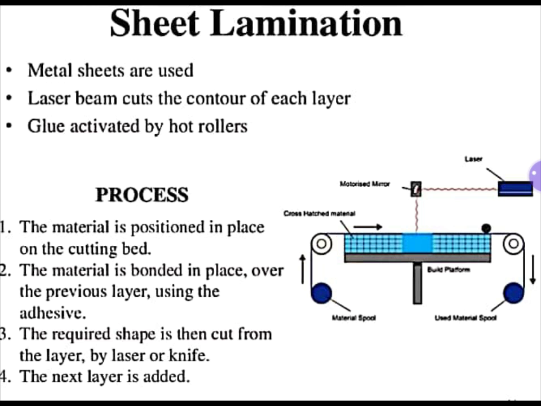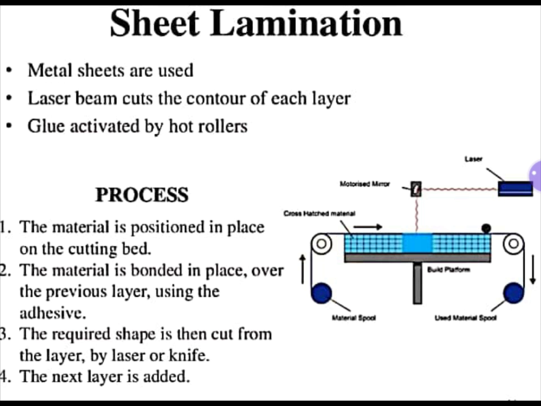So if you are using paper or cardboard to make a 3D model, then that process is called laminated object manufacturing. Here adhesive is used in between the layers to bind them.